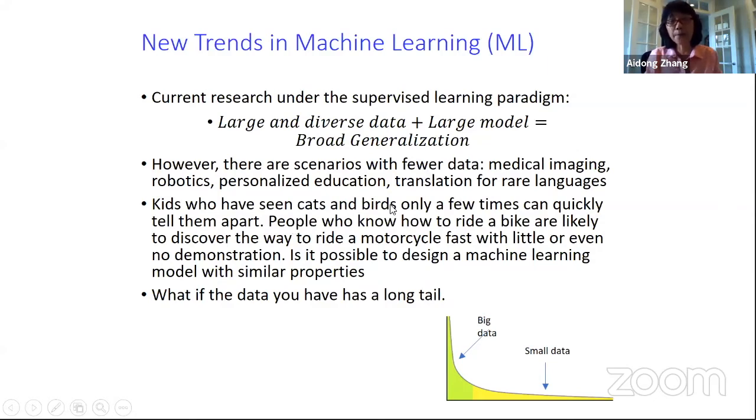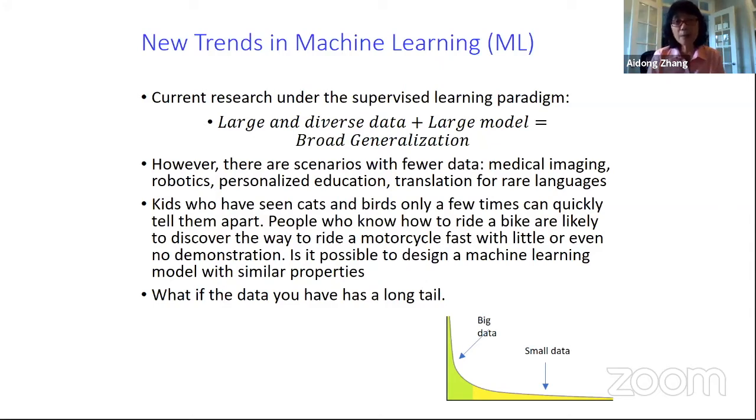So the machine learning community is looking at how humans really learn. If you look at kids, for example, they see cats and birds just a few times and can quickly tell them apart, right? And people who learn how to ride a bike can normally quickly learn how to ride a motorcycle.